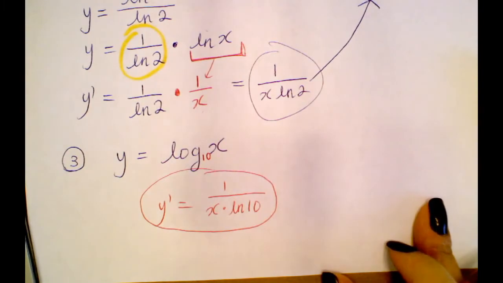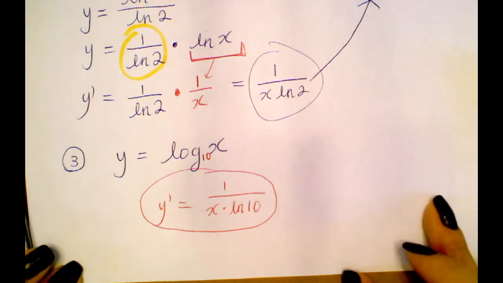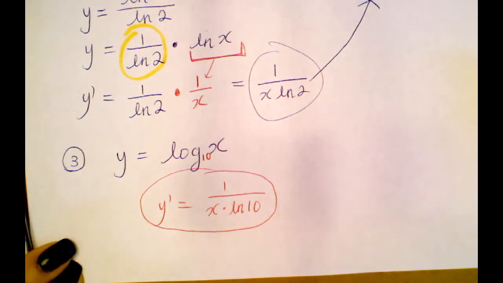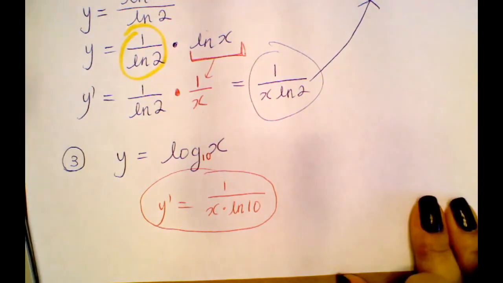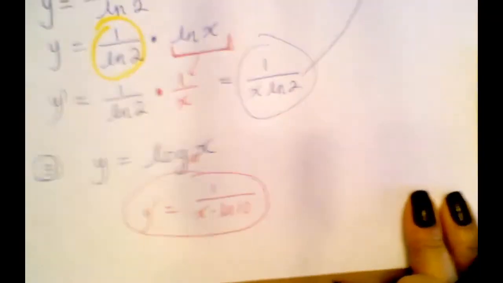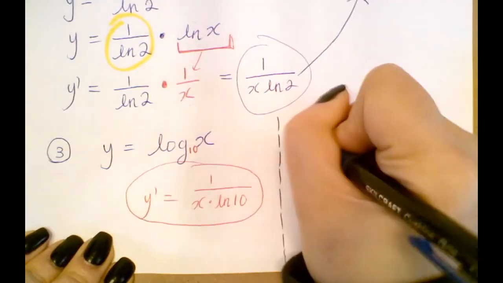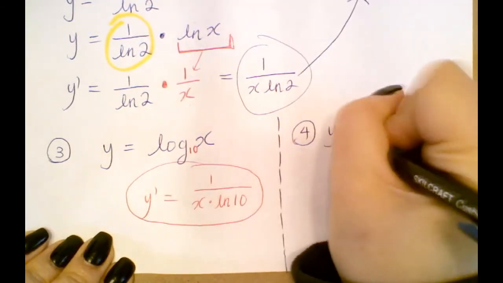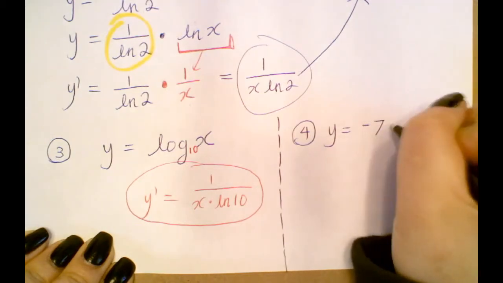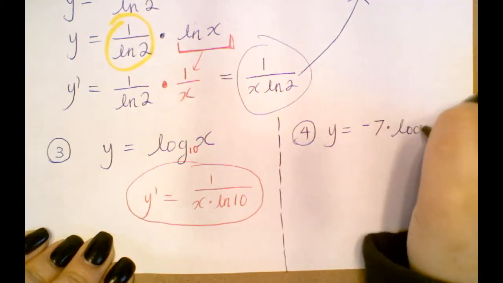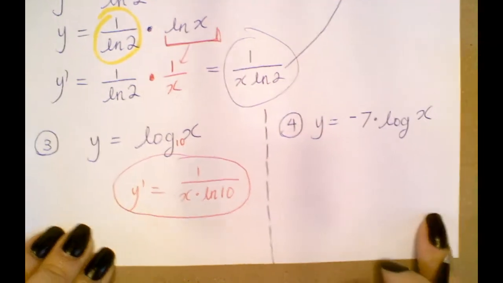Now, of course, you can try to do that using the change base formula, but I think we've seen enough of that. Let me do another example right here, because it's just something added to number 3. Number 4, y equals negative 7 times log x. What's that going to be?